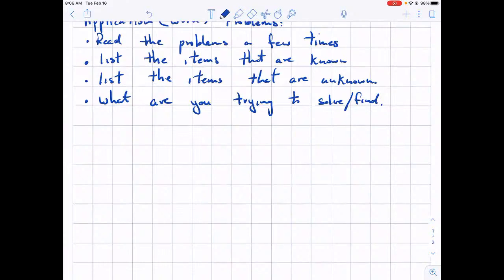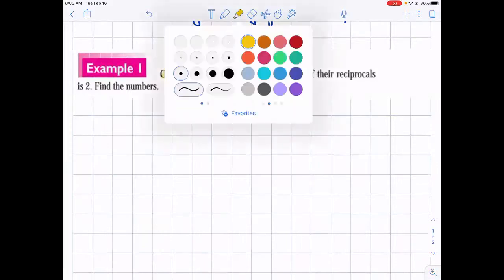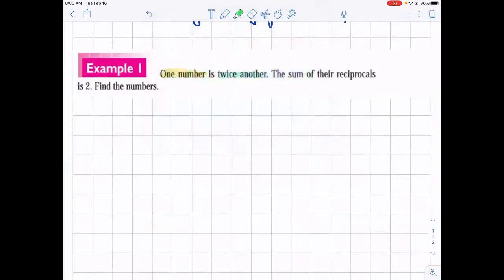So here is the first example. Example one: one number is twice another number. So here we're speaking of two numbers, right? So one number, let's call this one number here x.